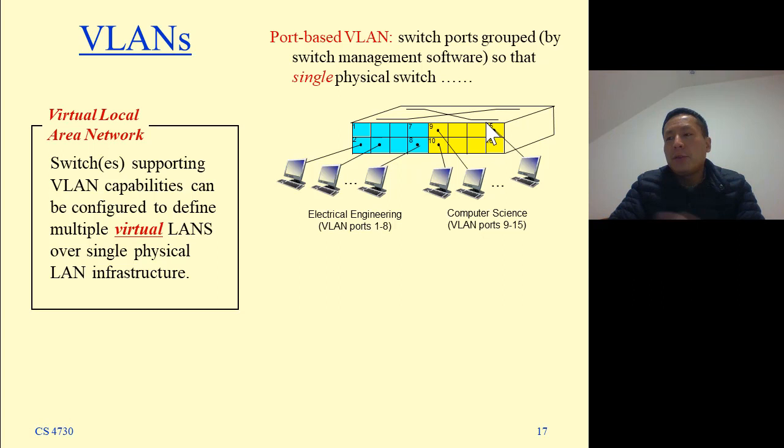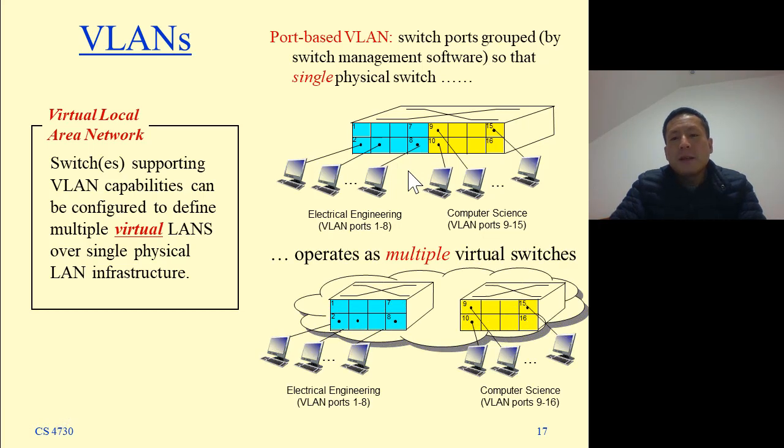You can divide it into individual small VLANs. For example, in this case, we have two groups of ports. The blue ports are assigned to electrical engineering. The yellow group is assigned to computer science, and they perform just like two physical LANs or physical switches. Okay, it's very convenient, right?